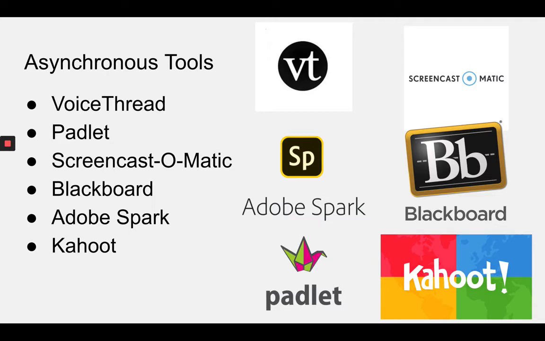And VoiceThread will allow you to record your audio narration over your presentation slides, so that your students can watch your presentation slides asynchronously at their own pace. You can also create discussions using VoiceThread, so that your students can asynchronously participate in these discussions at their own pace.